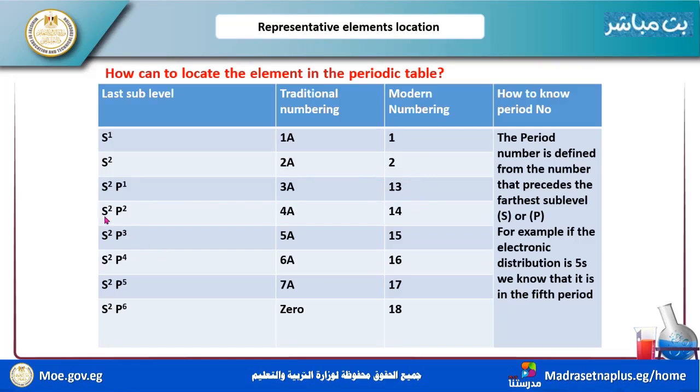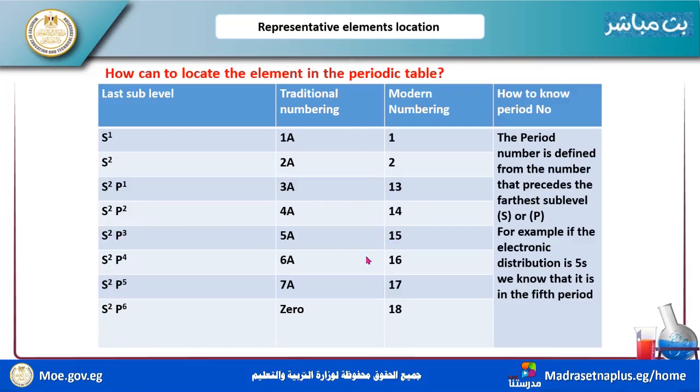We have s2 p2, summation 2 plus 2 equals 4A or 14. This is the modern number of the column. We have s2 p3, 2 plus 3 equals 5A. This is 15.